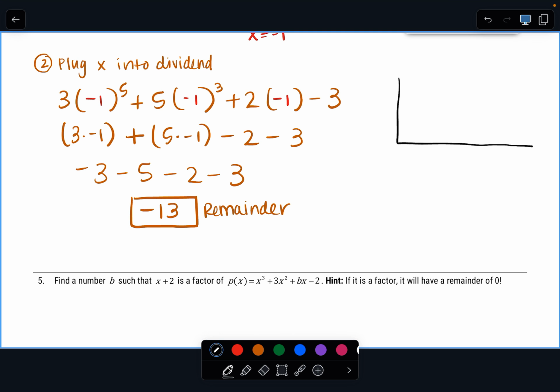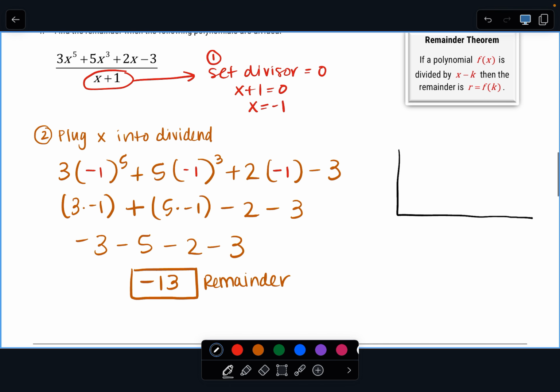If I try out synthetic division, what are my coefficients? I have 3, 0, 5, 0, 2, negative 3. Wait, I thought we didn't need to do this way. I said if you want to do it this way, we can try it. So we're trying it out.